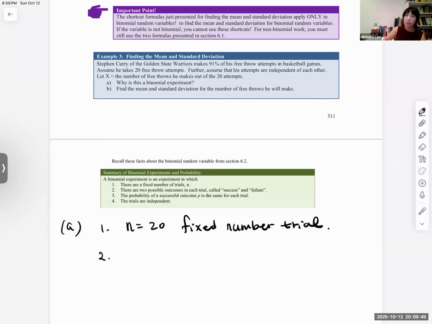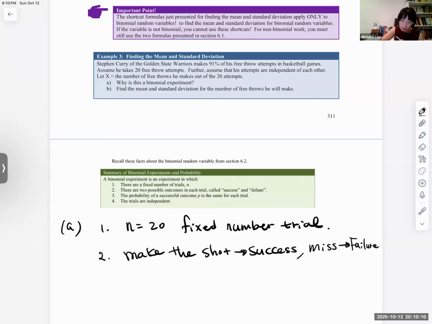Make the shot, success. Miss, that's a failure. What is the probability in that case? 0.91, good job.